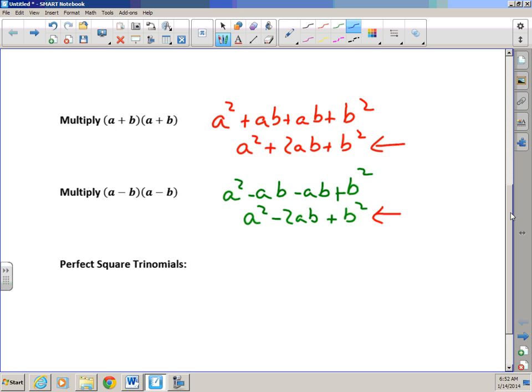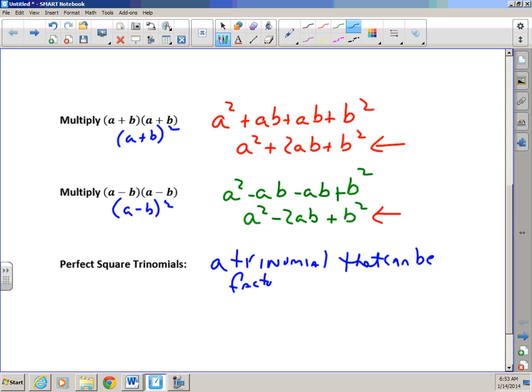And perfect square trinomials, you can rewrite this as a plus b squared, or this is a minus b squared, is a trinomial that can be factored into two equivalent binomials.